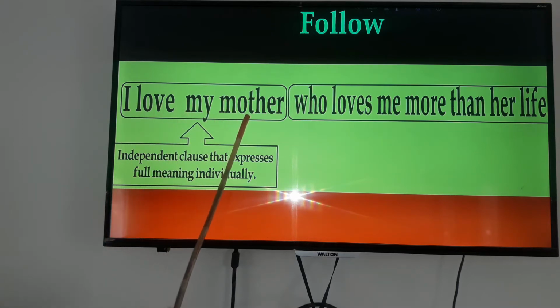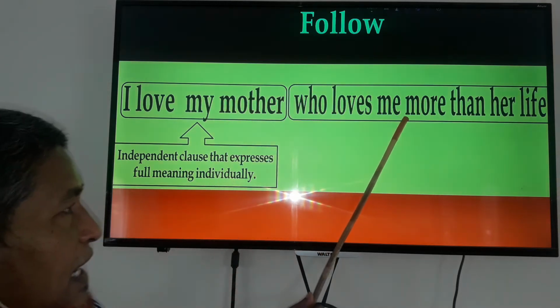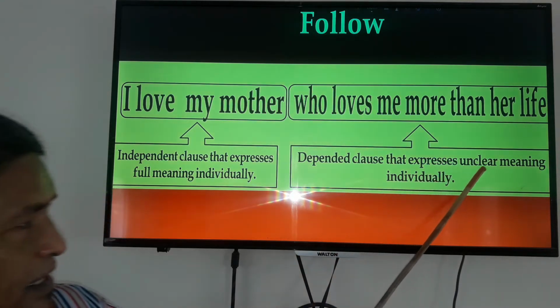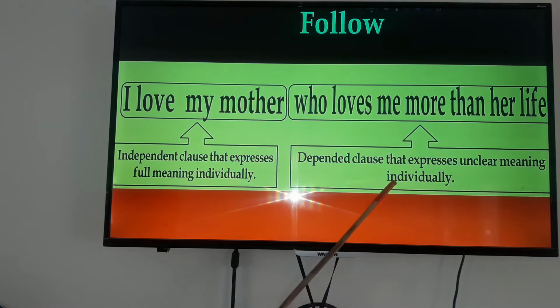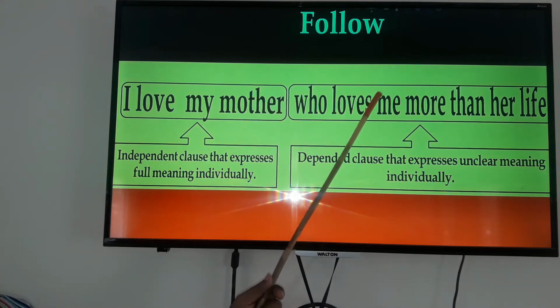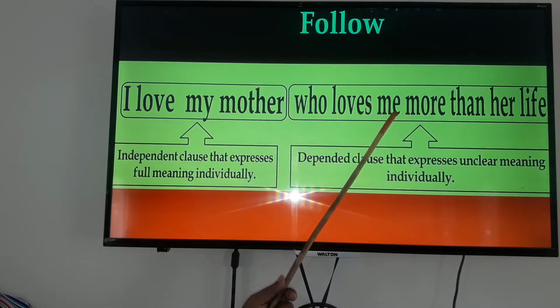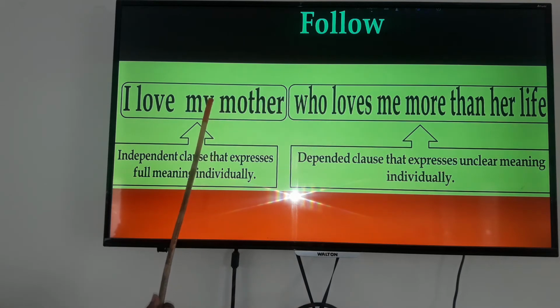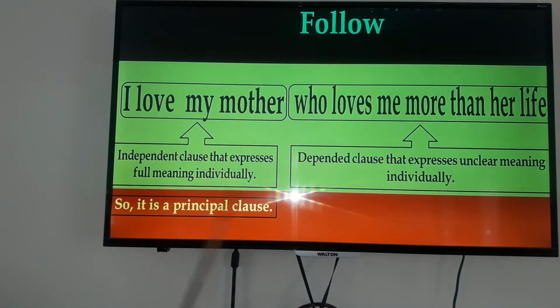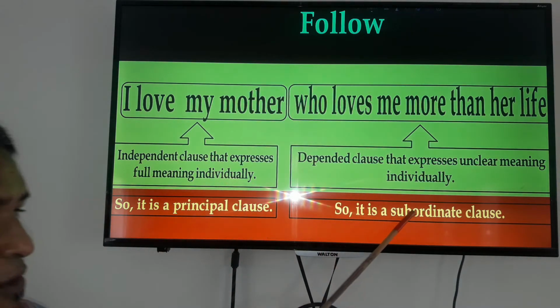I love my mother. It is not dependent on the other part. On the other hand, the second part is a dependent clause that expresses unclear meaning individually. It is fully dependent on the principal clause, so it is the subordinate clause.